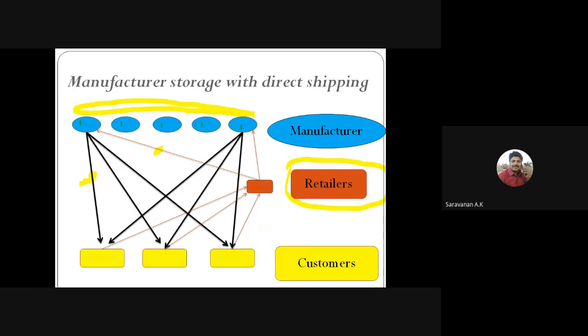The customers place an order on the retailers, and the retailers communicate these orders to the manufacturers. These are the information flows.